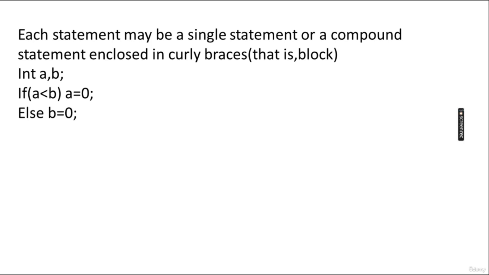For this a is equal to 0, it is a single line. For that purpose, I am not using a block of code, so I am not specifying opening and closing curly braces. But for more than one line of code, you have to specify opening and closing curly braces, which is compulsory in Java. Or else b is equal to 0.